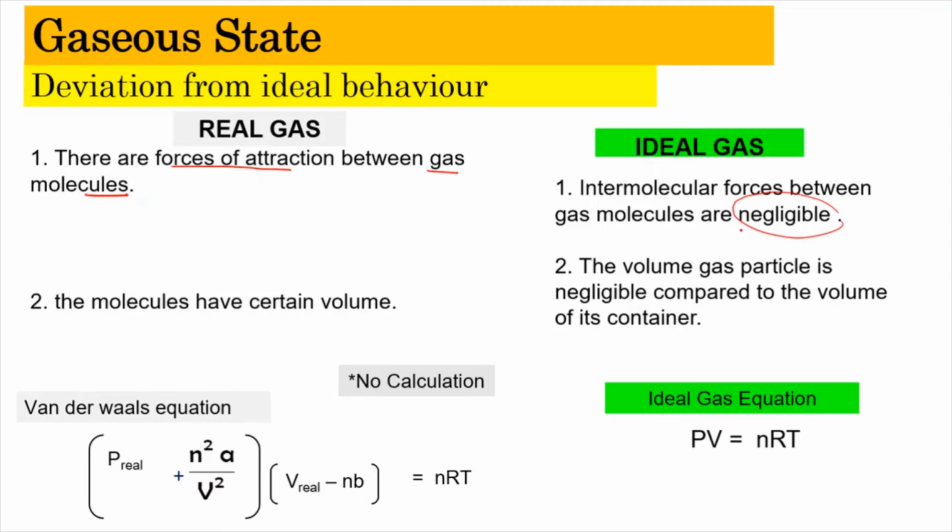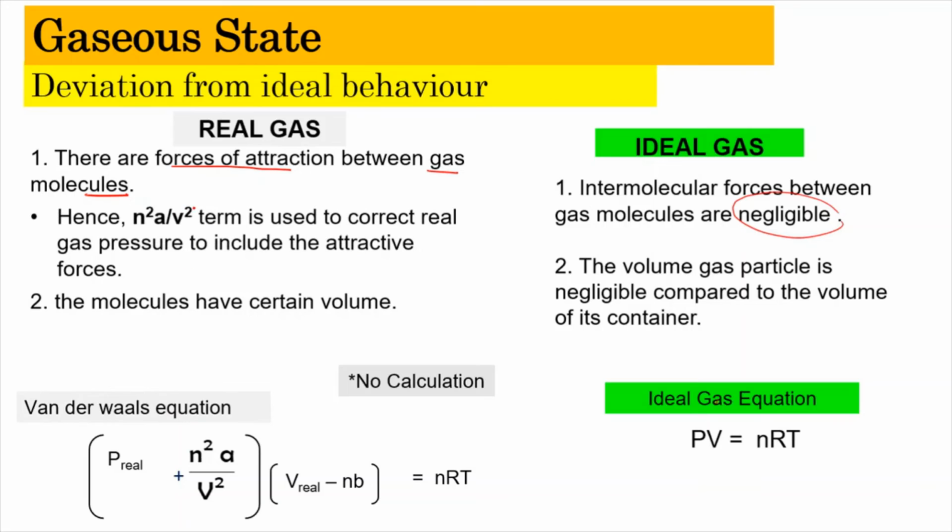Okay, and because in real gases there are attractive forces, in order to correct the ideal gas equation into the Van der Waals equation, you're going to add the term n square a over V square, which includes the attractive forces. Okay, dekat ideal kita abaikan, dekat real gases kita kena ambil kira attractive forces.